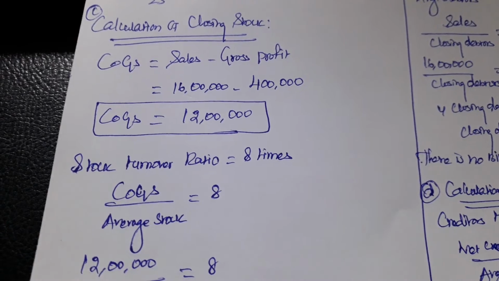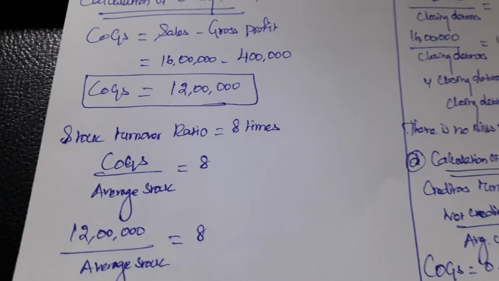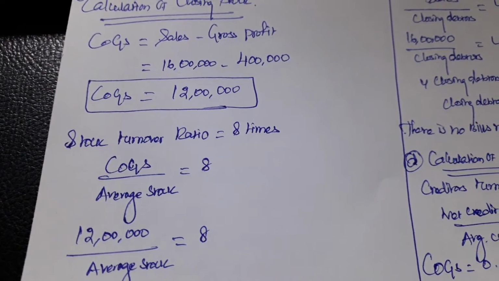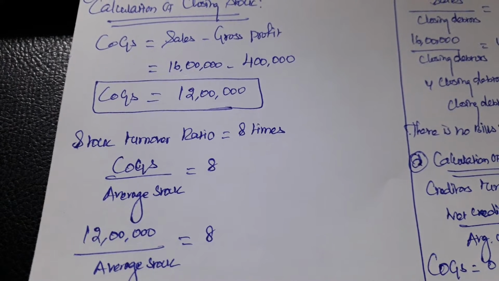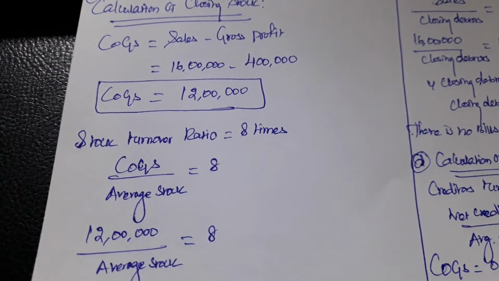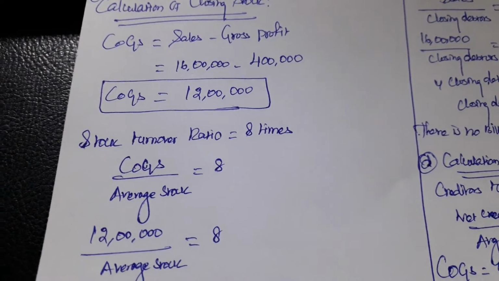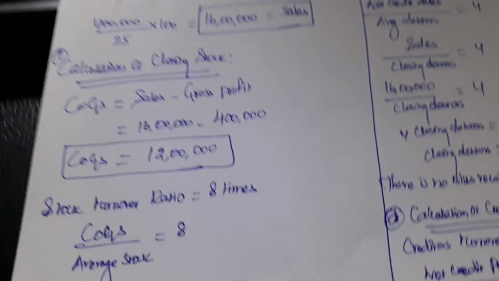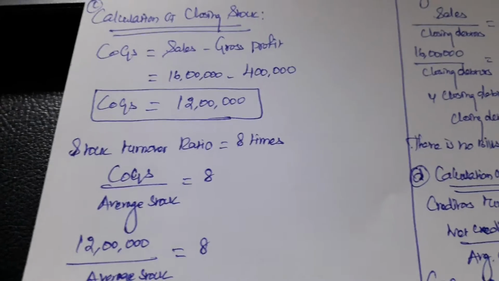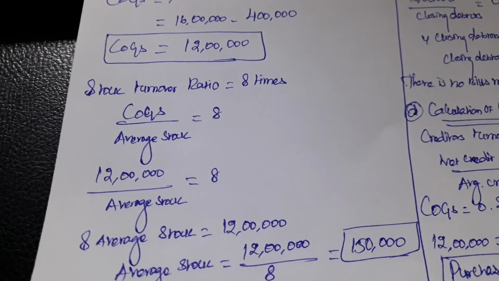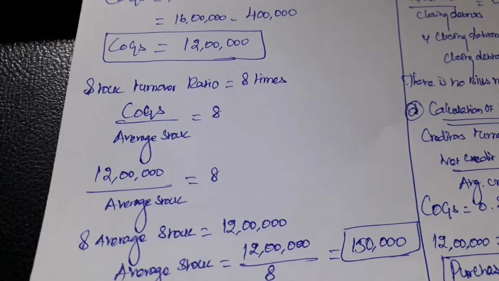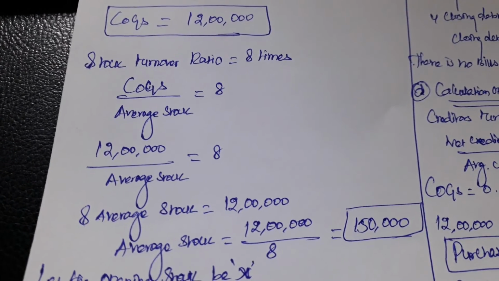Stock turnover ratio is given in the problem as 8 times. The stock turnover ratio formula is COGS divided by average stock equal to 8. The COGS we just calculated is 12 lakh, so 12 lakh divided by average stock equals 8.